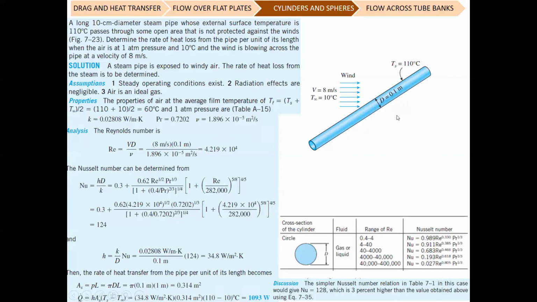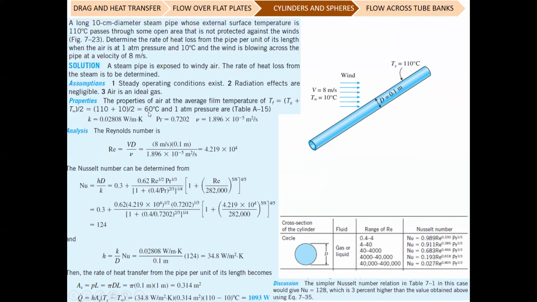You want to calculate the heat transfer rate from the cylinder to the ambient condition, because the surface of the rod is 110 degrees C, while the ambient temperature is 10 degrees C. Before approaching this problem, you need to find the film temperature: T surface plus T ambient divided by 2. Basically, 110 plus 10 divided by 2, so 60 degrees C.